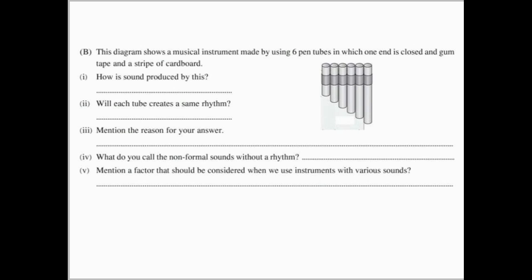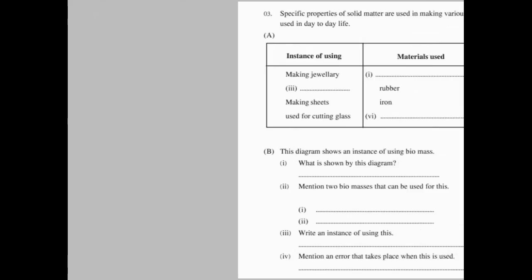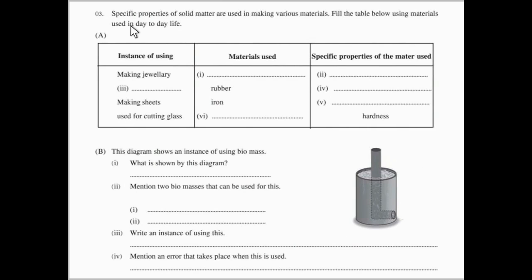Okay, let's move to the next one. Third one, specific properties of solid matter are used in making various materials. Fill the table below using materials used in day-to-day life.